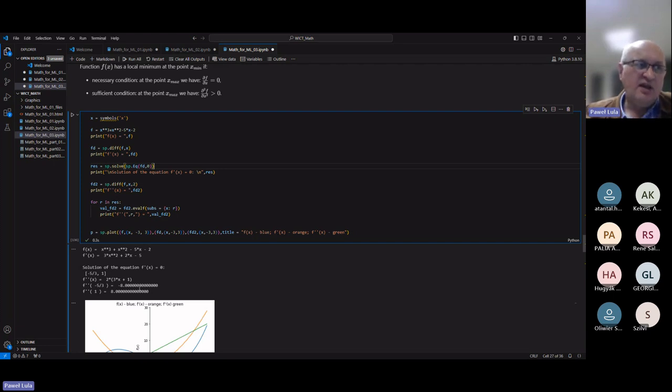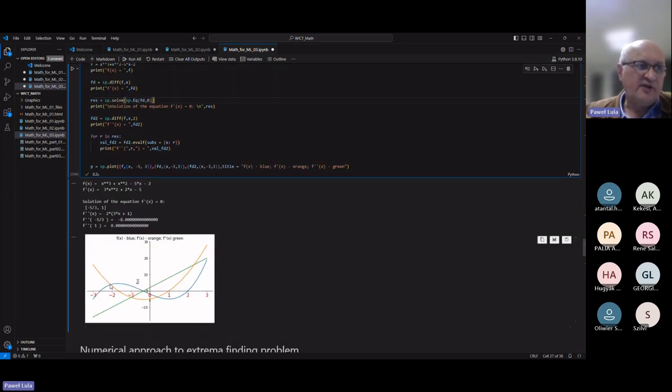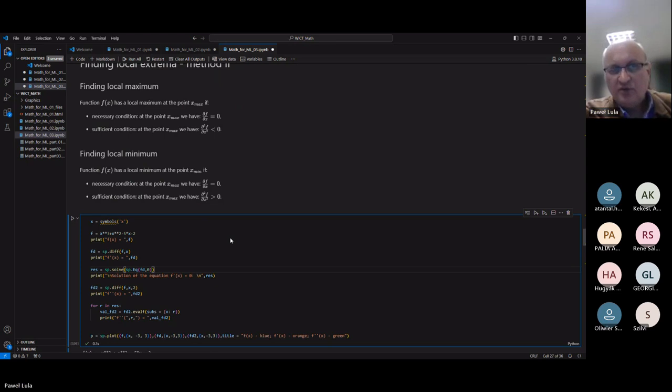It is negative, so we have a maximum. For 1, the second derivative is positive. It means that our function has a minimum value at this point. It was the second approach, which we can use for identification of extrema values, local extrema values, for our function.